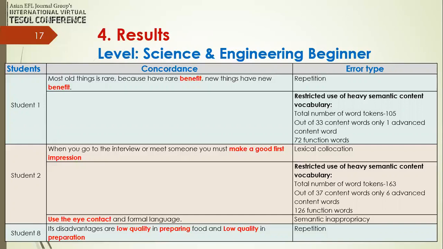If we focus on the right column, we have, for example, categories of mistakes like repetition, lexical collocation, semantic inappropriacy. And look at the second box, restricted use of heavy semantic content vocabulary.